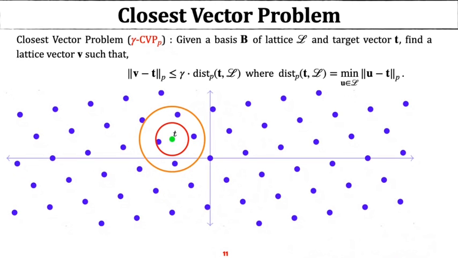So in this example, if you find any vector within the red ball, you solve the exact closest vector problem. If you find any vector within the orange ball, you solve the two approximation of the closest vector problem. Similarly, this approximation factor we can define for any value greater than or equal to 1.